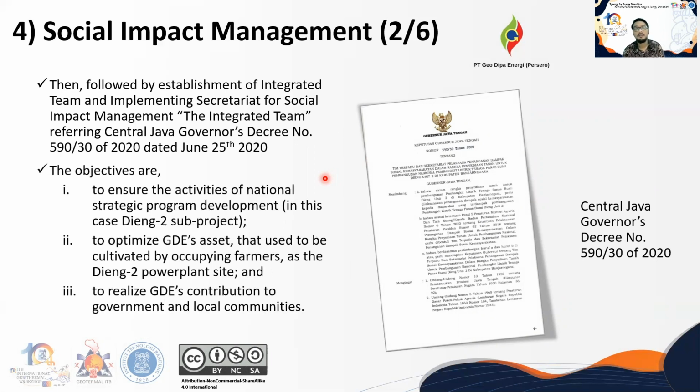It has the objectives: first, to ensure the activities of the National Strategic Program, or Proyek Strategis Nasional, in this case the Dieng 2 project. Second, to optimize Geodipa's asset that used to be cultivated by 23 farmers, to make use of it as the Dieng 2 power plant site. And third, to fulfill Geodipa's contribution to government and local community.